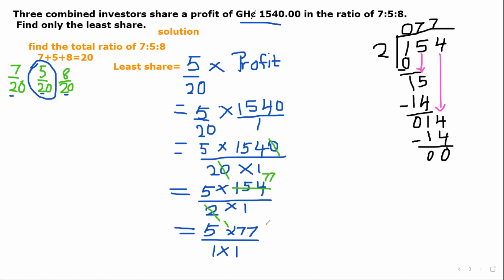And you do the calculation somewhere, 77 times 5. 5 times 7 is 35. So write 5, remainder 3. 5 times 7 is also 35. So 35 plus 3, and that will be 38.